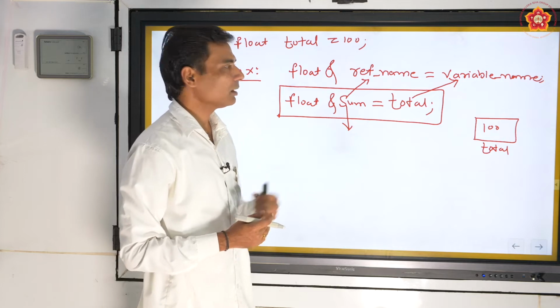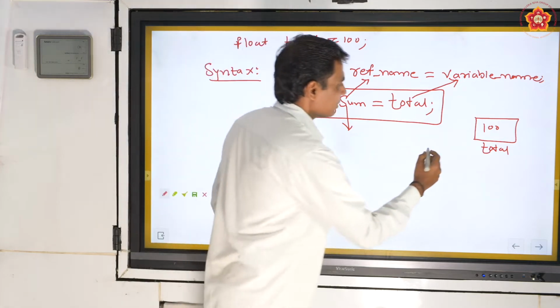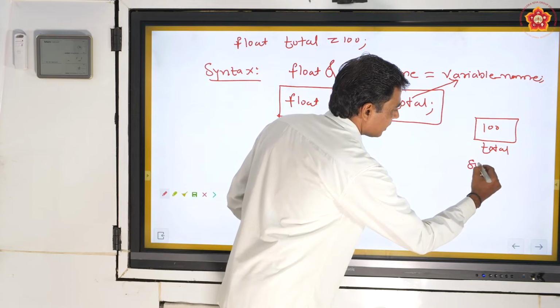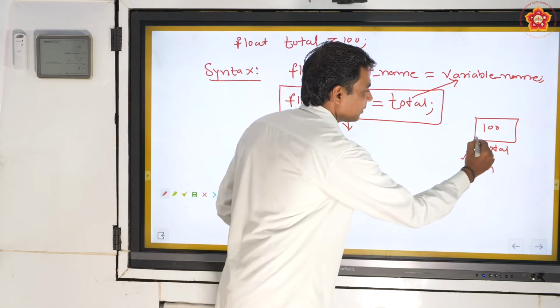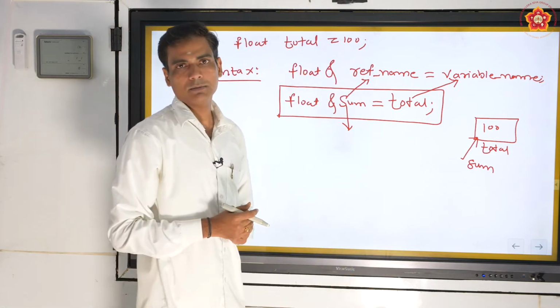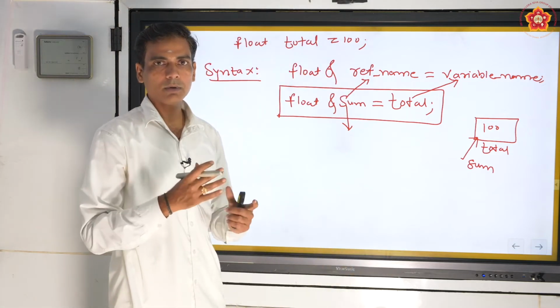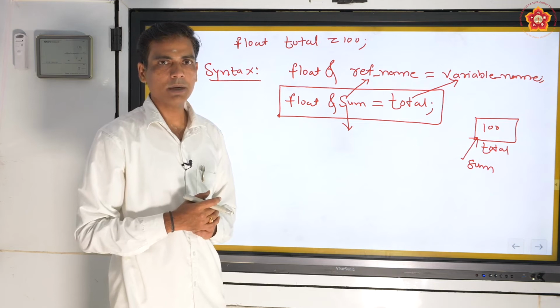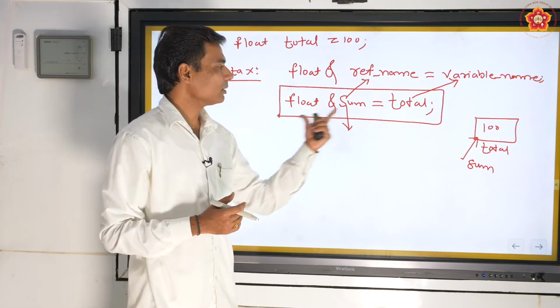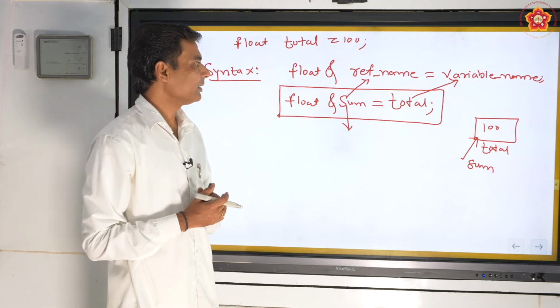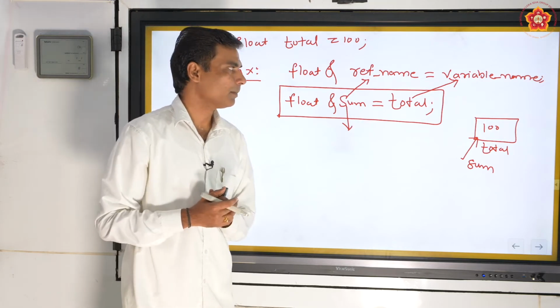Now we are creating another name, sum. It is another name, but it is also referring to the same memory location. So both are referring to the same memory location. This is the way you can create the reference name.